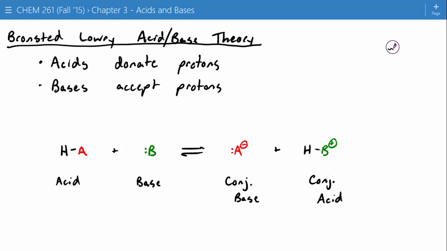And you may have noticed that instead of using a one-way arrow, I actually used an equilibrium arrow. We're going to talk quite a bit about this equilibrium arrow, but it's important to remember that an acid on the left-hand side gave up its proton, but now on the right-hand side we have a conjugate acid. This could alternately give it back and shuttle the reaction left and right and left and right. So in reality, there's an equilibrium occurring.